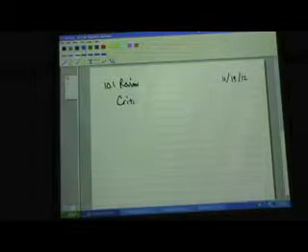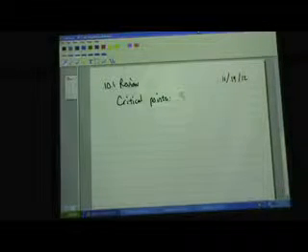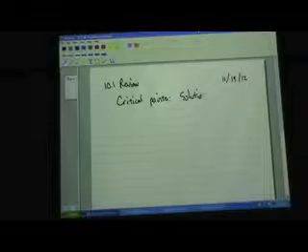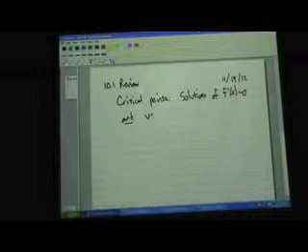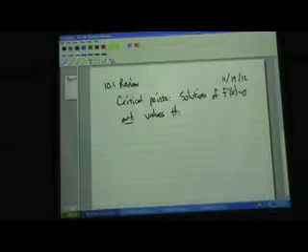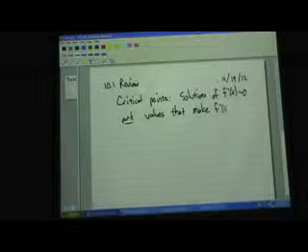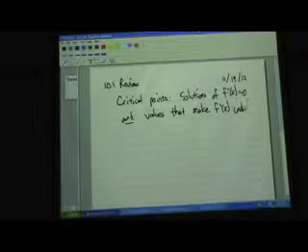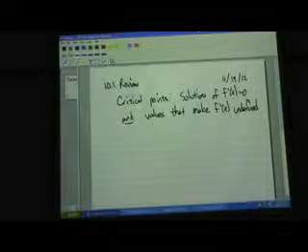So just to review from 10.1, critical points are solutions of the first derivative equals 0 and values that make the first derivative undefined, which for our purposes usually means makes the denominator of the derivative equal to 0.